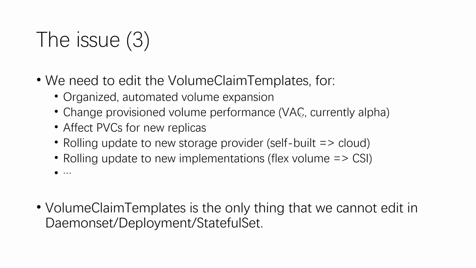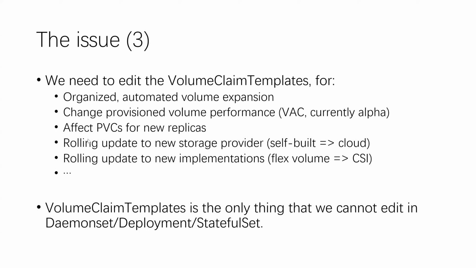This works like storage class, but it can be updated. This feature is currently alpha. It can be used to change the IOPS or bandwidth that is provisioned for the volume. And the third one, just introduced, we want to affect the new PVCs created for new replicas.